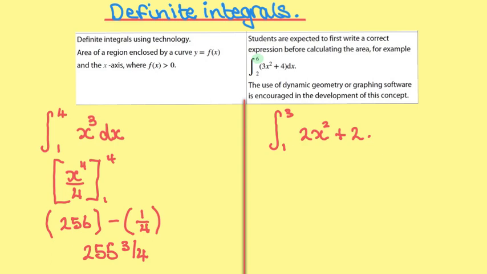Let's integrate the second one: 2x squared plus 2 between the limits of 1 and 3. So integrate the function. So I get 2x cubed over 3 plus 2x between the limits 1 and 3.